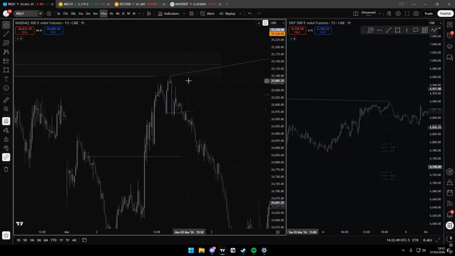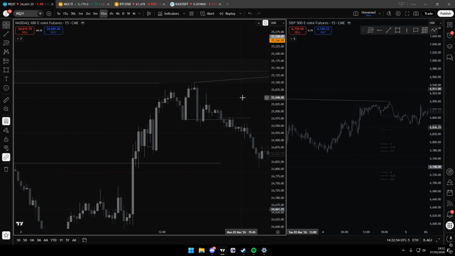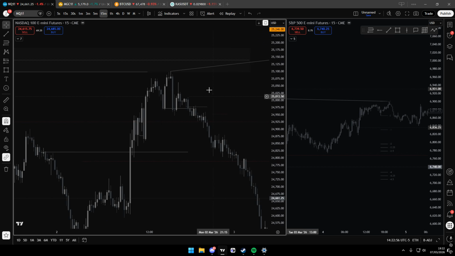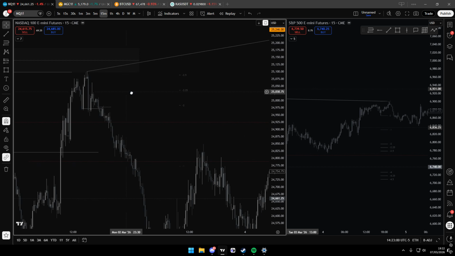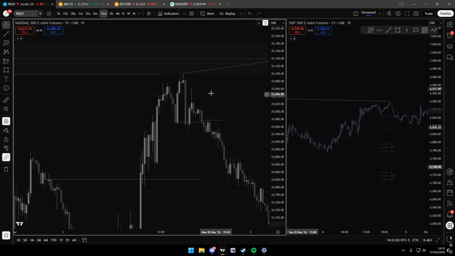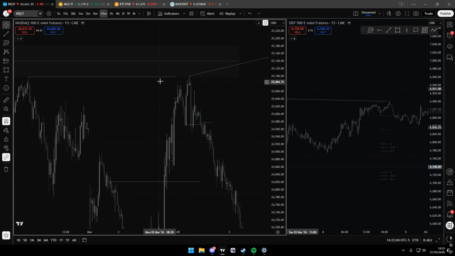Now you can do the same thing if you're trading this time frame. So someone told me, how do I scale down into time frames so that I can get an entry? Another way to do this is you have a 4-hour POI, you wait for a 15-minute shift. After you get a 15-minute shift, you find a 15-minute PD array, and you do the same.